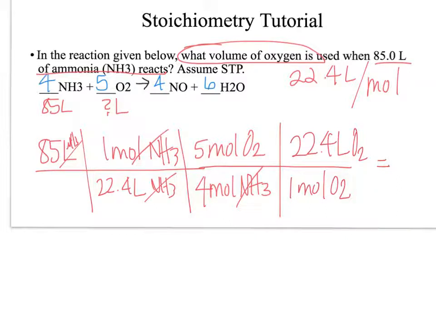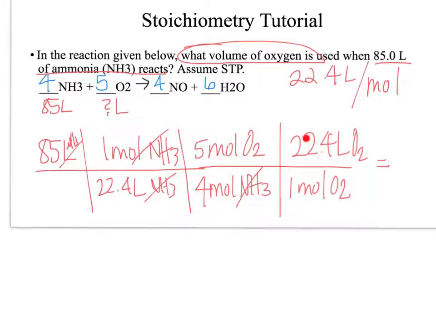So now we need to do the math. So I have 85, and I've got a 1, so I can ignore that. So 85, and then I have a 22.4 on the bottom. So 85 divided by 22.4 equals, get to the next step, and I say times 5 equals, divided by 4 equals, and then times 22.4 on the last step.